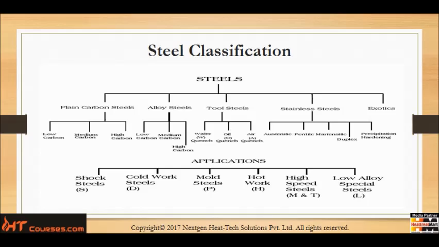The next group, next to the end of the classification here, are the high-speed steels. High-speed steels are those steels that are designed to cut other metals, and we have possibly the highest amount of chromium, molybdenum, vanadium, tungsten, cobalt, etc. in those steels. Those are classified by the M series or the T series. Then on the far right hand side, we have the low alloy special steels.